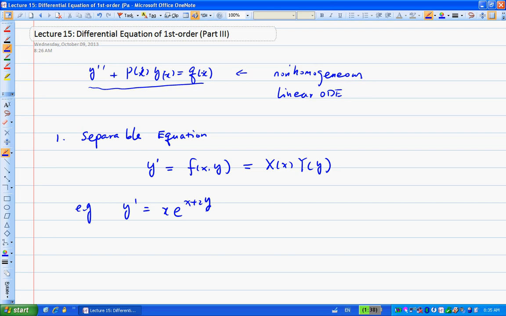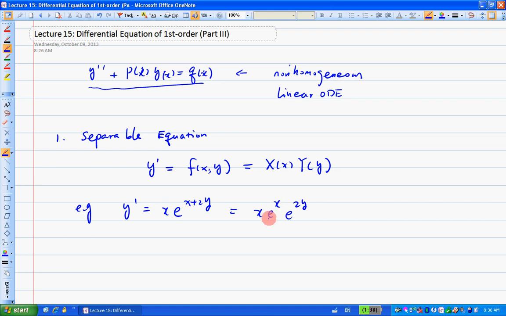So this whole right side is a function f of x, y. Now, if I do a little manipulation here, I can separate this e to the power x plus 2y into 2 portions, like this.